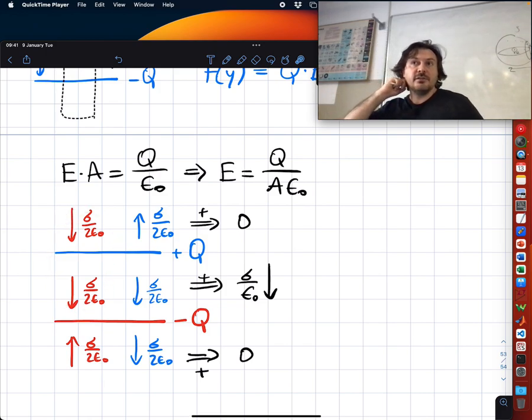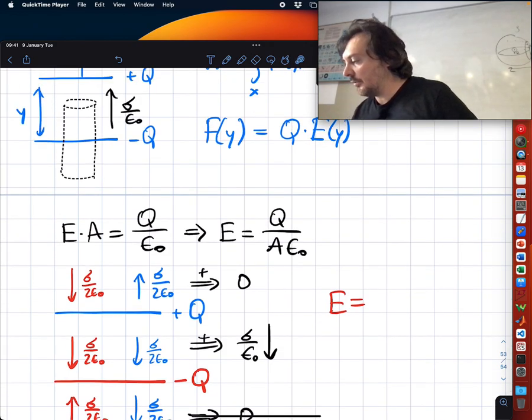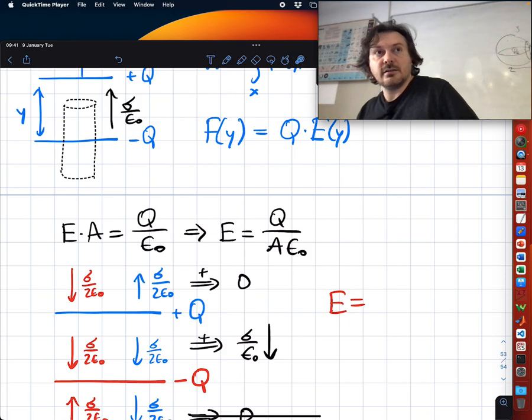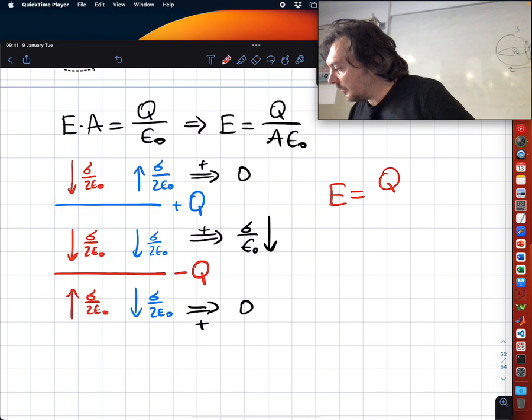The electric field in question here is the red one, and the electric field that is going to enter our equation over here is the red one. It's like a charge cannot repel itself. Yes, exactly. I hope this was clear to you.